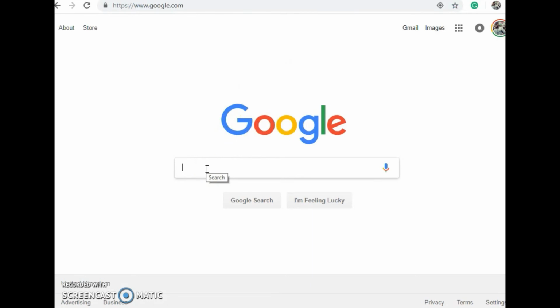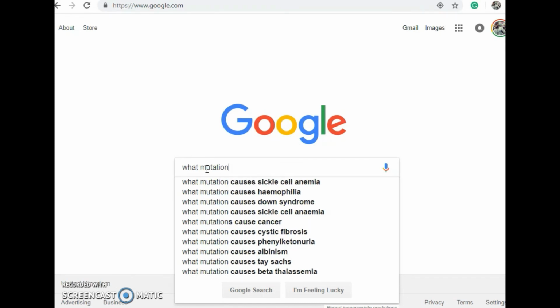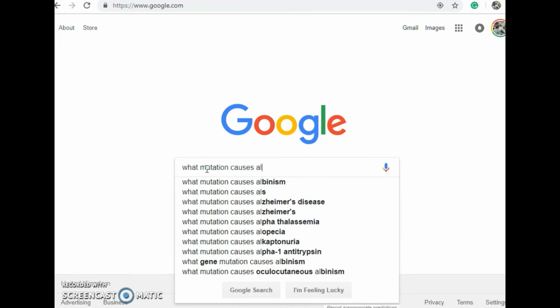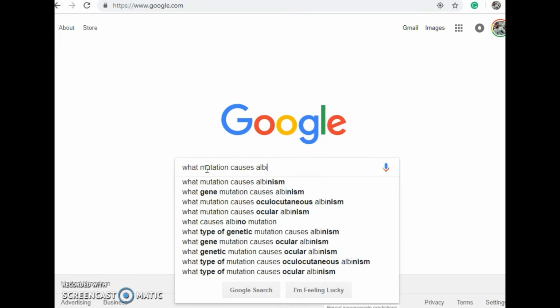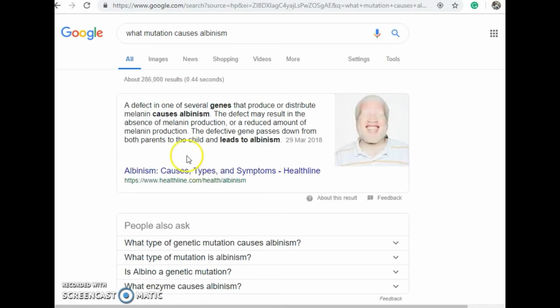Okay, so what mutation causes albinism? A defect in one of the several genes that produce or distribute melanin causes albinism.